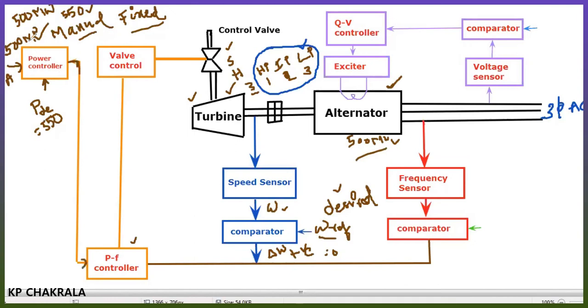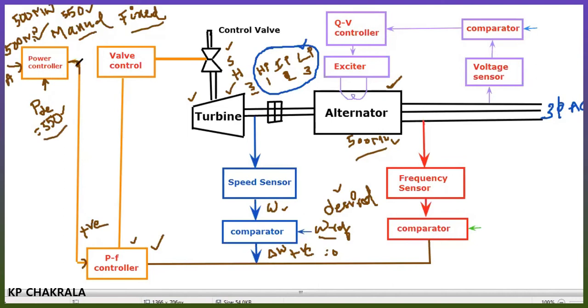The difference of this will be given to the PF controller. So with 550 megawatt and 500 megawatt, there will be a positive error. This will be given to the PF controller, and the PF controller will control the input to the turbine in such a way that output power will be increased and more steam will be allowed to the turbine, so that the output of the alternator will be increased, so that we will get 550 megawatt.